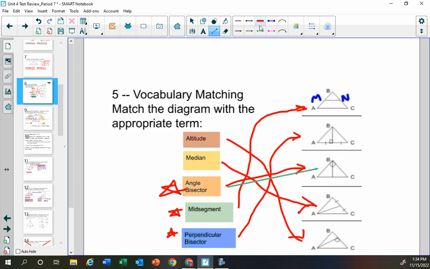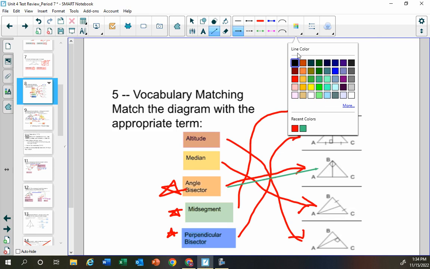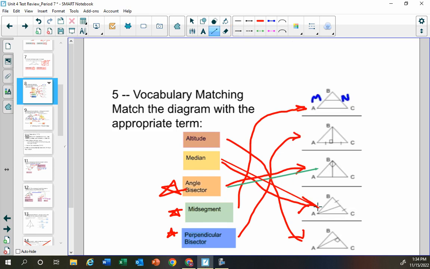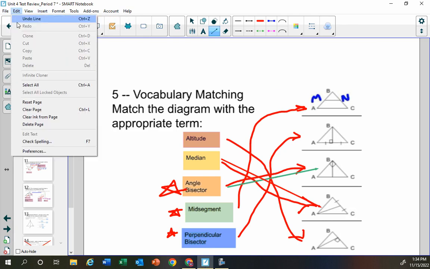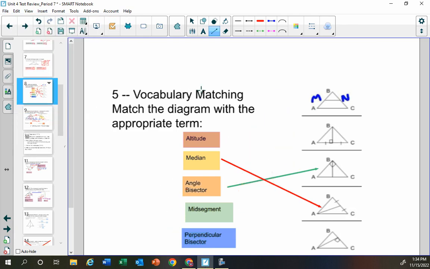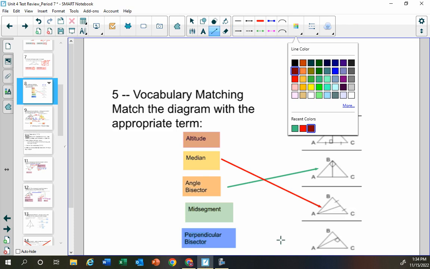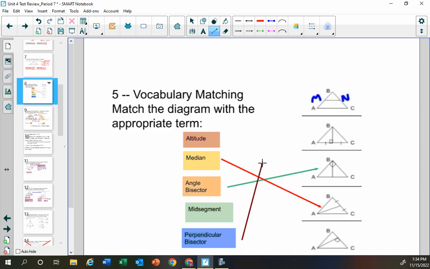There's your angle bisector. Okay, median. It's going to go here. In fact, let me clear the ink. Perpendicular bisector is this one.